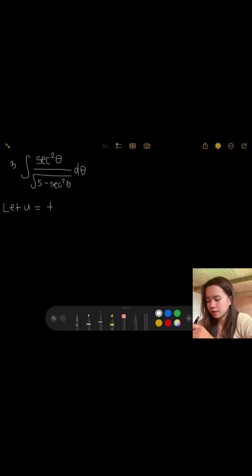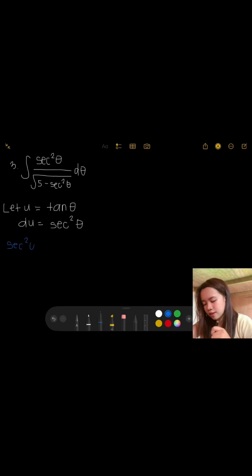Next is the integral of secant squared theta over square root of 5 minus secant squared theta d theta. So we let u equal tan theta. Our du will be secant squared theta. So we know that secant squared theta can also be equal to 1 plus tan squared theta.